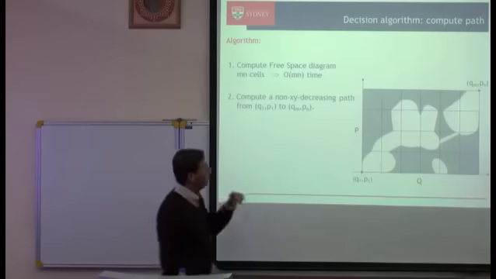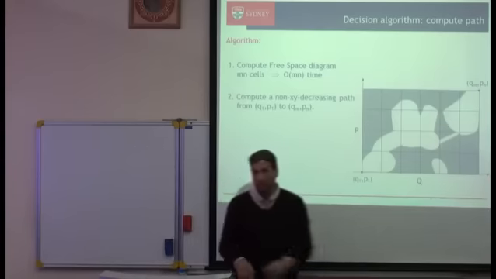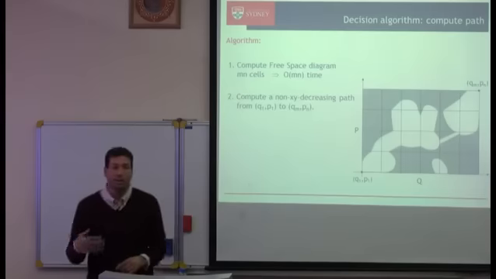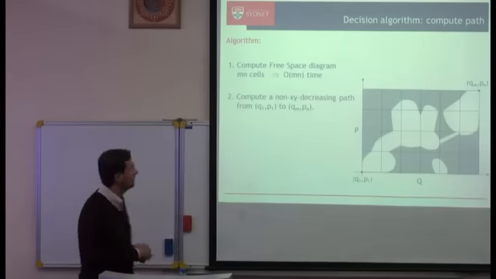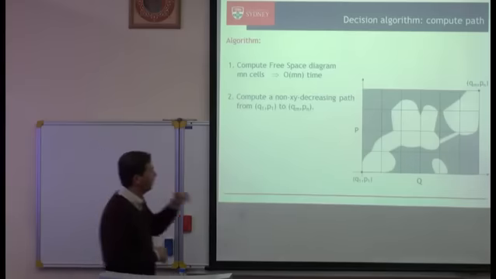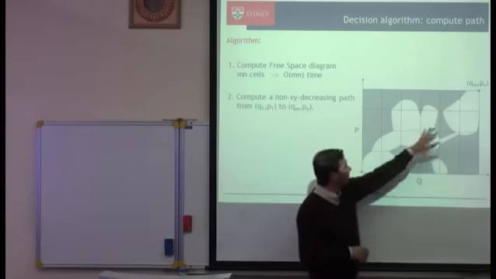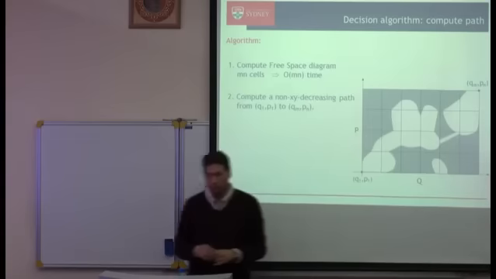So next, now I have this free space diagram. So how do I find an xy monotone path? I want to find an xy monotone path from the bottom left point to the rightmost point.